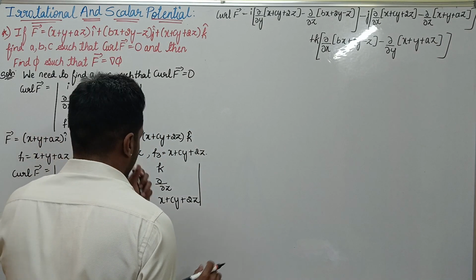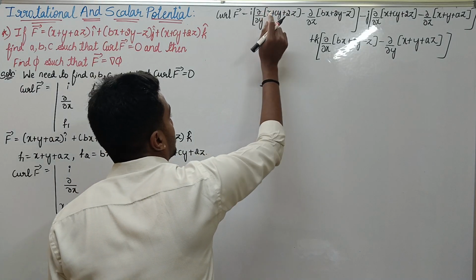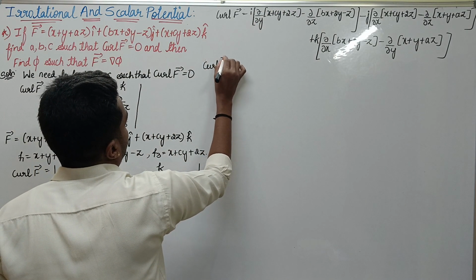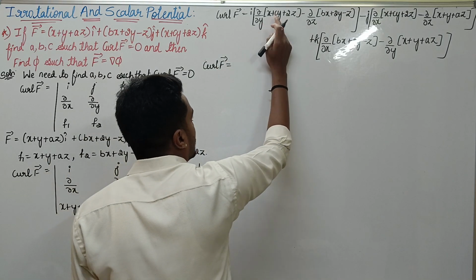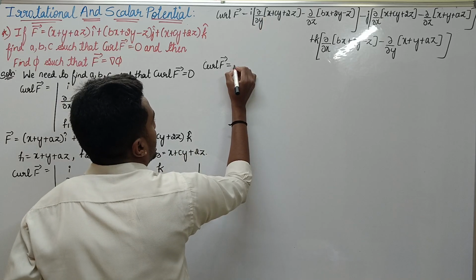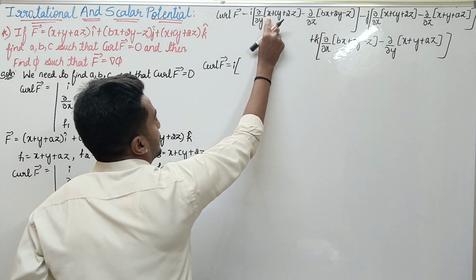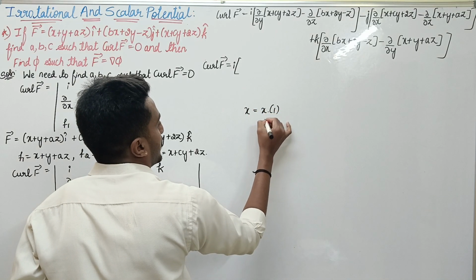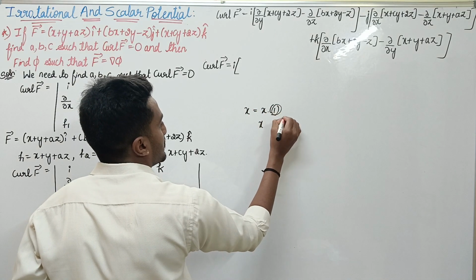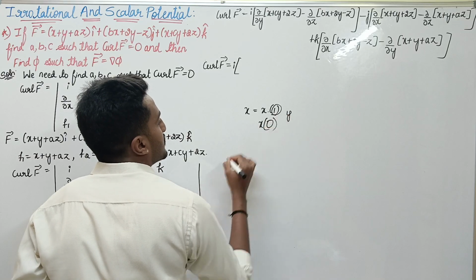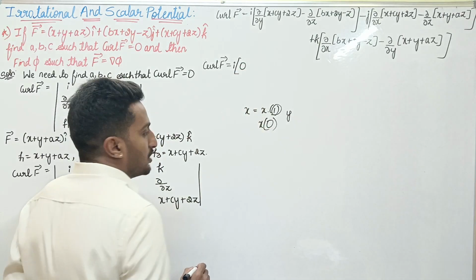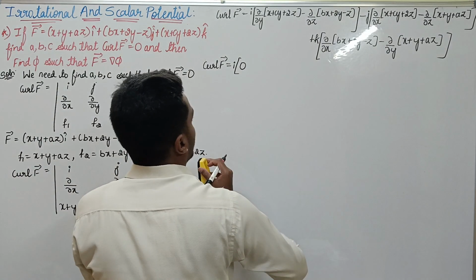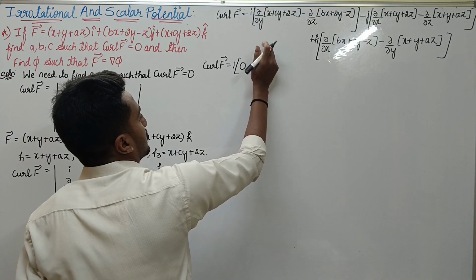Now let us differentiate each term with respect to the given variable, term by term. I into, first term we have x. X can be represented as x into 1, where x remains constant. Differentiation of 1 with respect to y is 0, so 0 into x is 0. Any term without the variable y becomes 0.